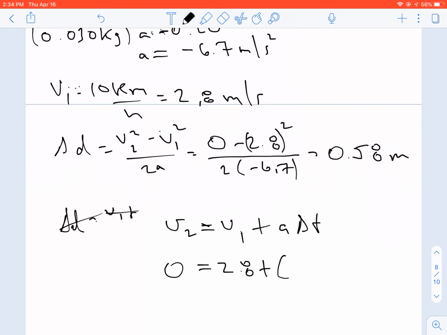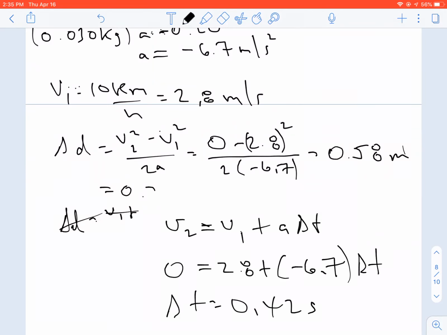The acceleration is negative 6.7 times the time. So the 2.8 goes across as negative 2.8 divided by negative 6.7. And I get a time of 0.42 seconds. So there's my delta D, and there's my delta T.